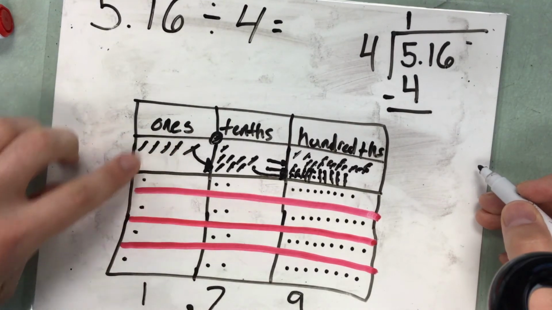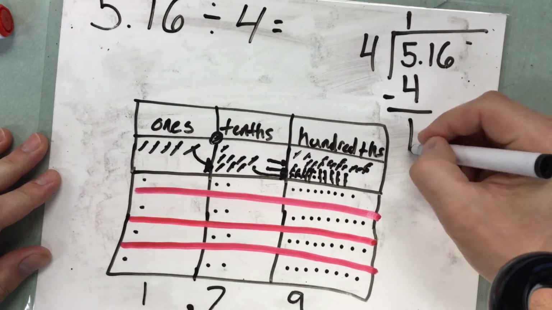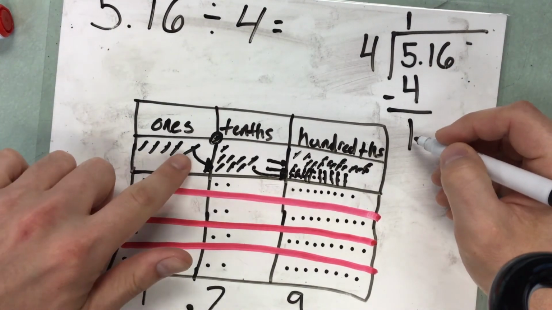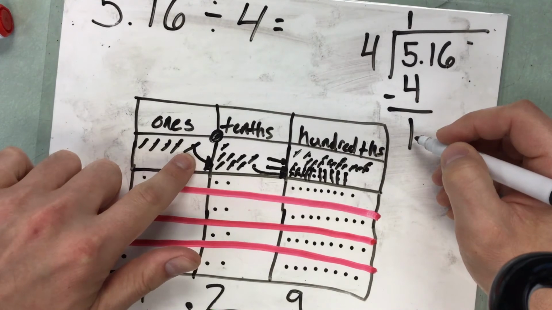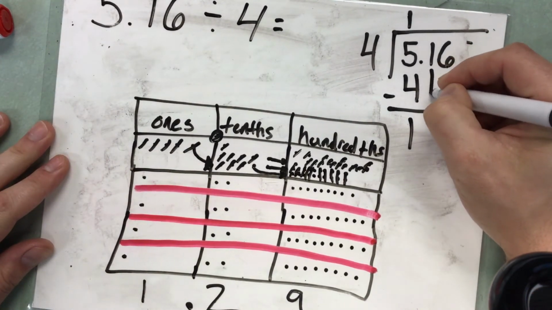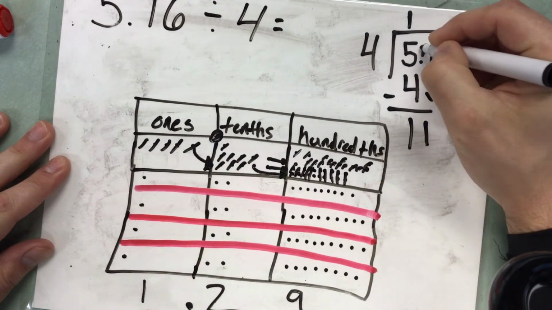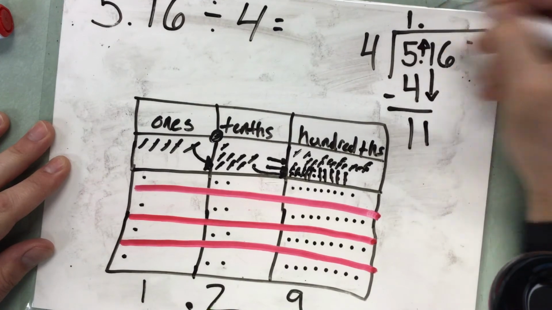And when we did that, we had 1 one left over. So 5 take away 4 is 1. So that 1 represents the 1 we had when we took away 4 ones to these groups. Now we're going to drop this 1. And remember to raise our decimal here.